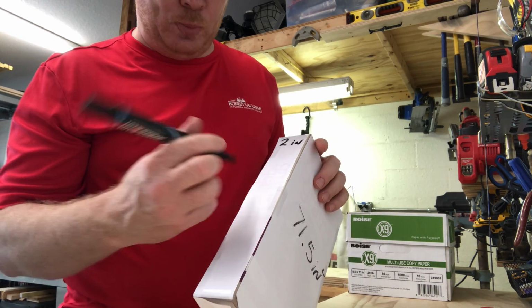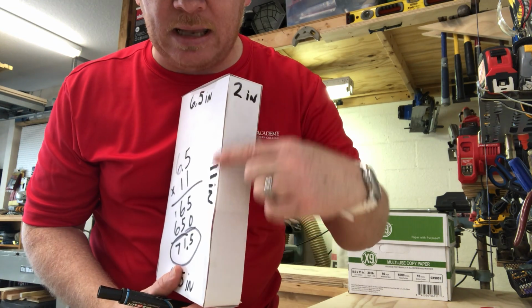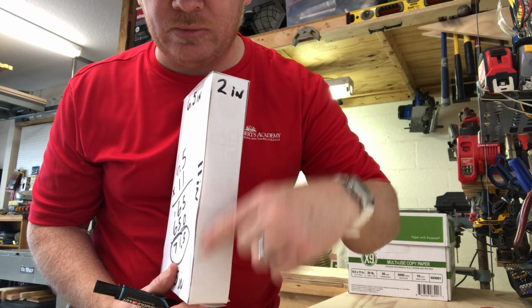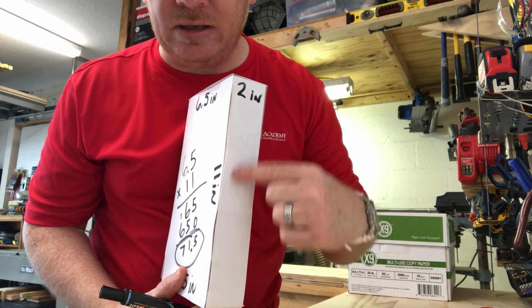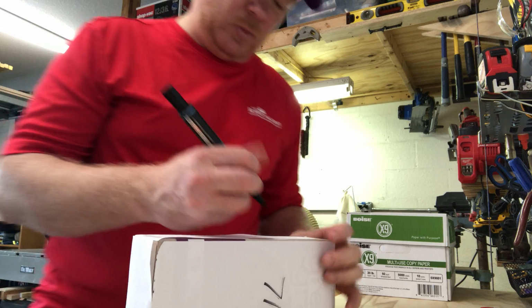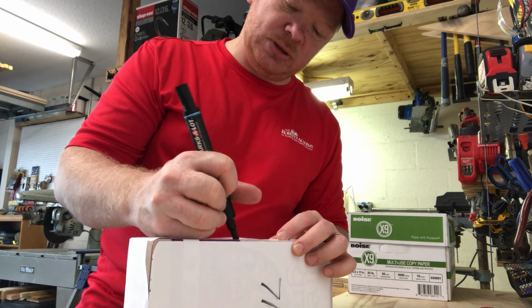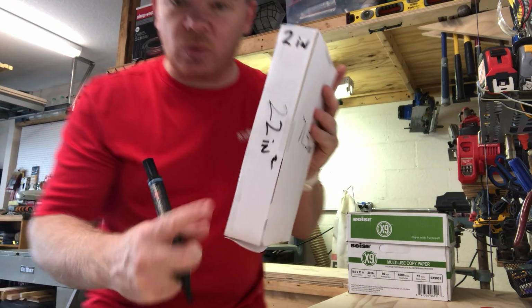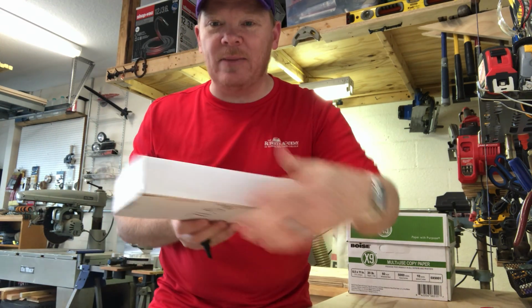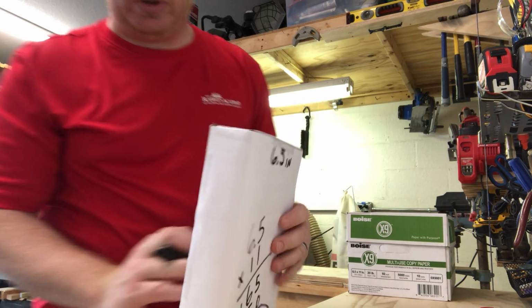You could put 11 here if you wanted to, but we don't need to because if this is 11, you know this is 11 too. So 2 times 11 gives you the area of this rectangle, which is 22 inches squared. That means the other side is also going to be 22 inches.